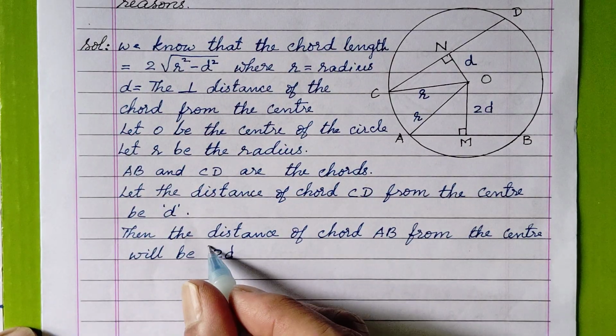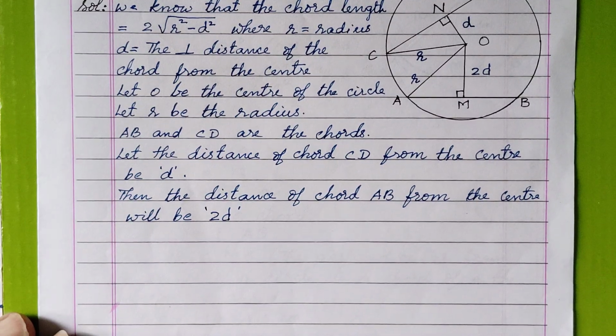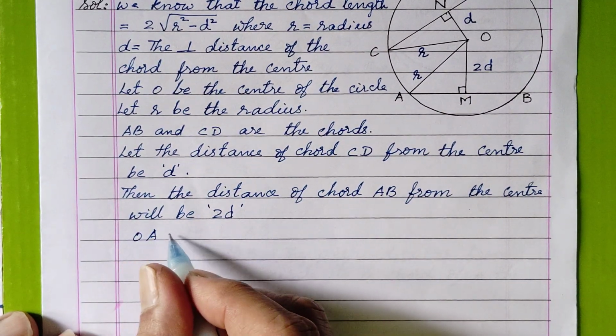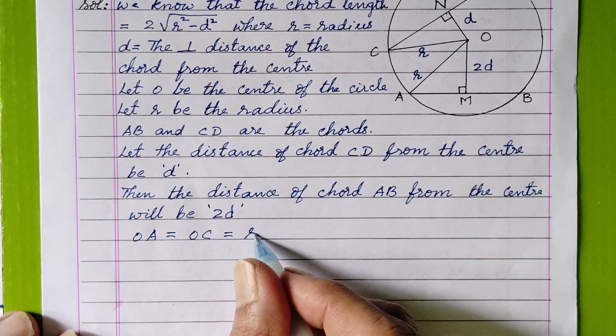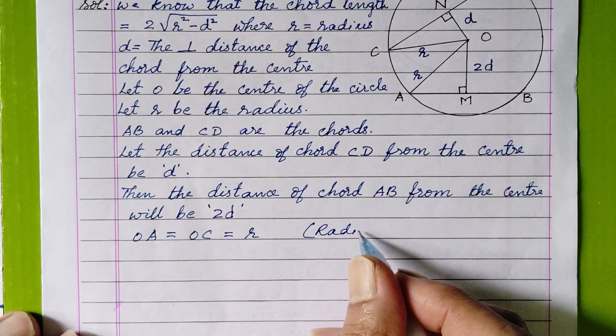It will be 2D. OA equal to OC equal to R. What is this? Radius. This is radius.